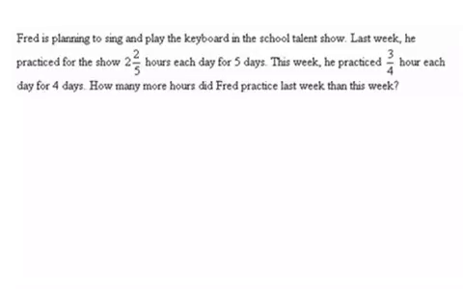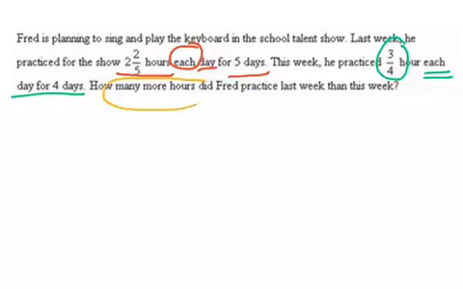Okay, so some of the things that will be important here is that he practiced for the show 2 2/5 hours each day for 5 days. Then this week he practiced 3/4 of an hour each day for 4 days. And then the problem asks us, how many more hours did Fred practice last week than this week?